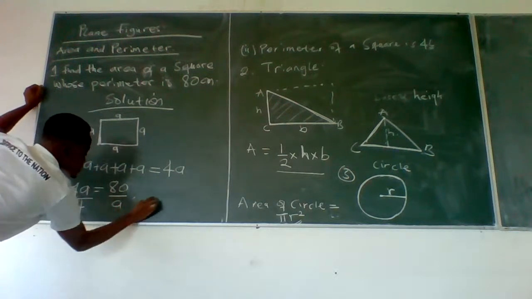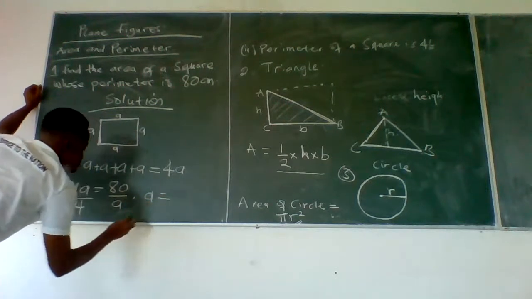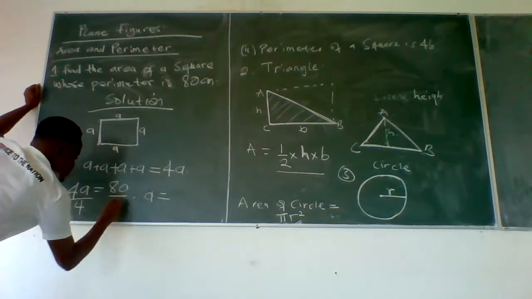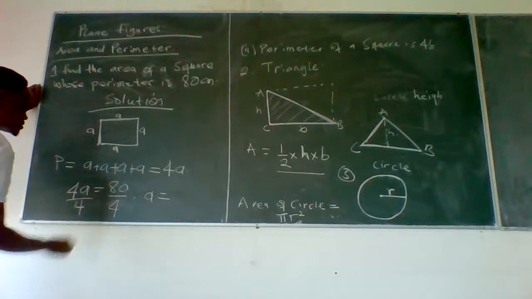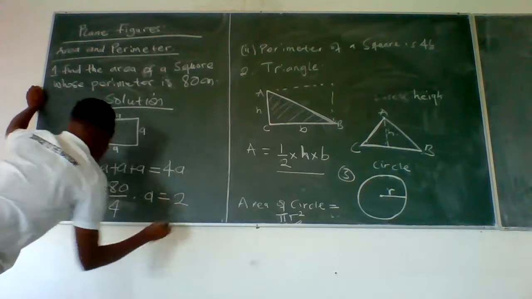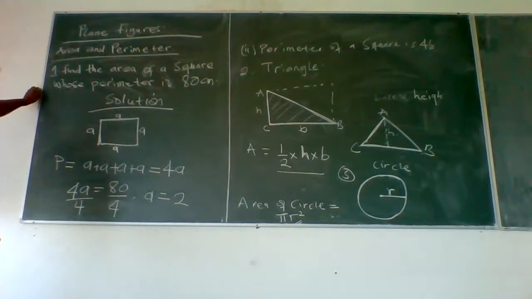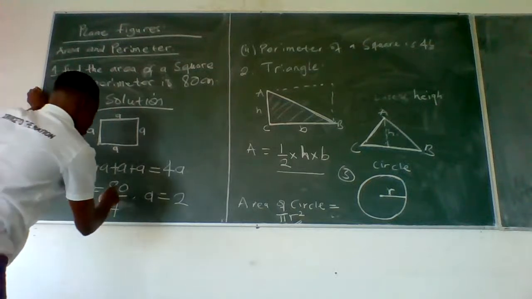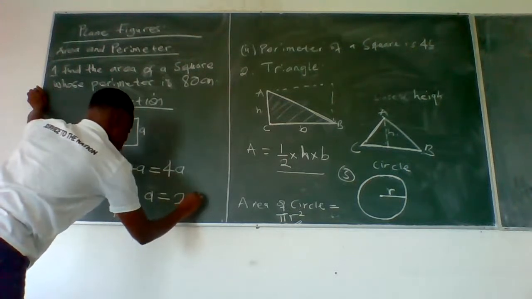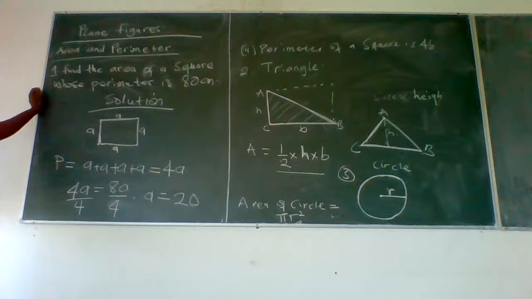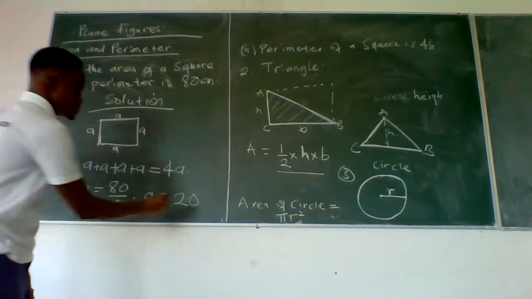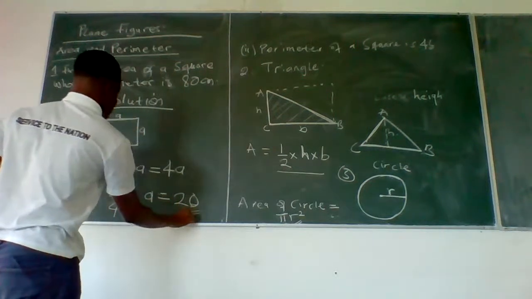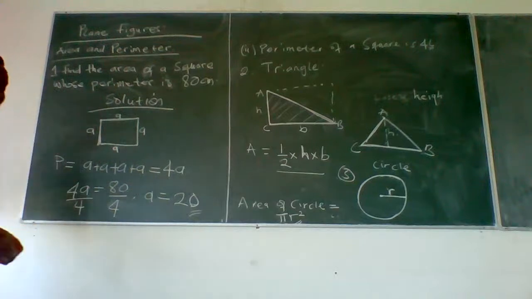So here we have A equal to 80 over 4. 4 goes into 8 twice, and then 4 divided by 0 is 0. So we have 20. So one side of the square gives us 20.